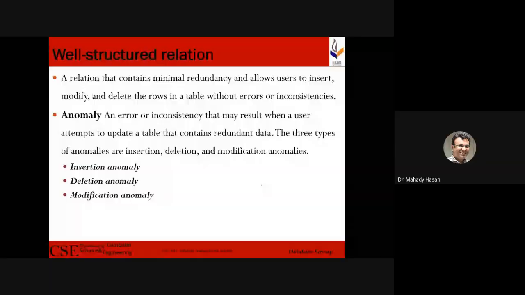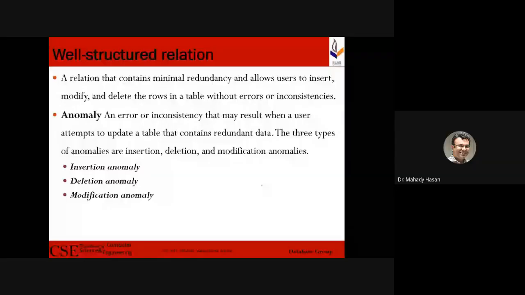This is a problem. Anyway, what we are trying to mention is that we are looking at the relation. How can we make the relation better, which is known as well-structured relations?